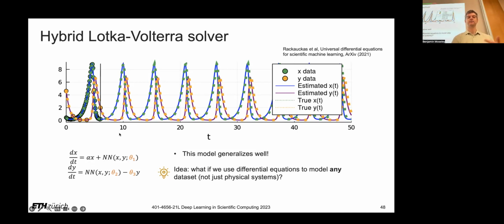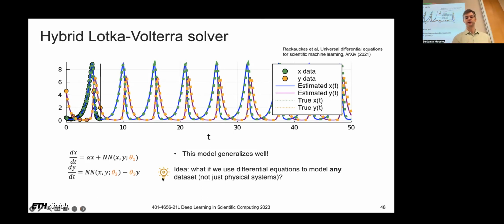Say we had another time series that was cyclic, maybe it didn't represent the predator-prey dynamics of a biological system. Maybe it was the temperature of the Earth as it varies through the seasons. Could we use a neural ODE to learn that, and would it be able to generalize way better than, for example, an RNN or just a standard out-of-the-box neural network?